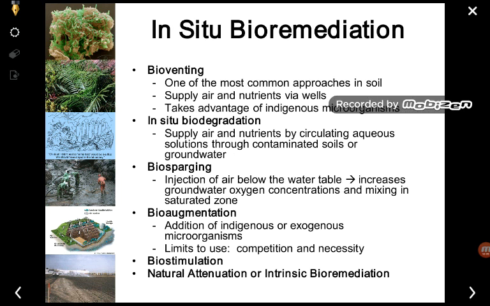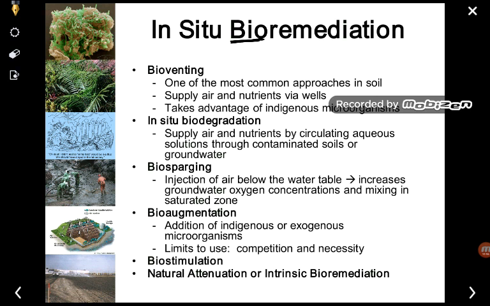Next is in situ bioremediation. We have already seen the three forms: in situ bioremediation, ex situ bioremediation and phytoremediation. Phytoremediation is totally a different concept where plants are utilized for the removal of contaminants. But when organisms, bio meaning organisms, are utilized for the removal of contaminants, it is said to be bioremediation.